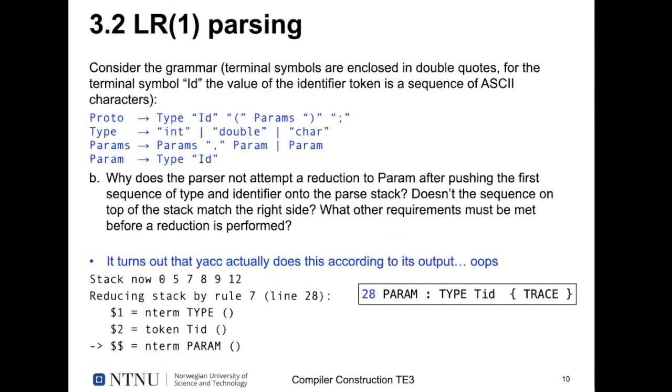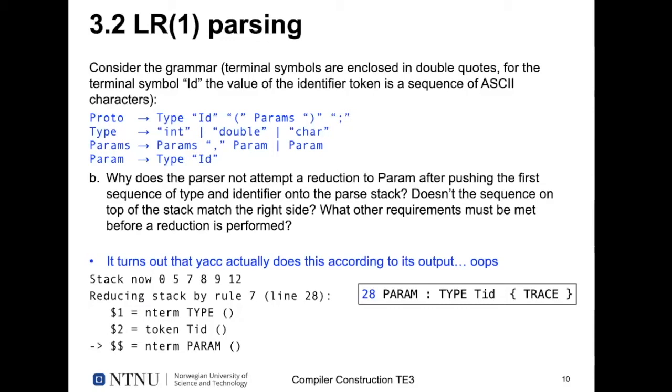All right, so the next question was confusing me after all when I tested this out with my Yak grammar. So I seem to have mixed something up here. Why does the parser not attempt a reduction to param after pushing the first sequence of type and identifier onto the parse stack?